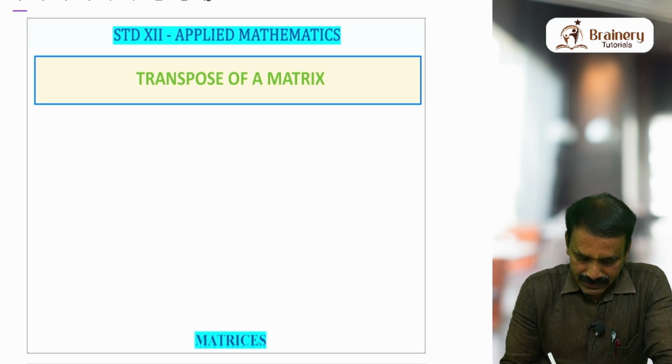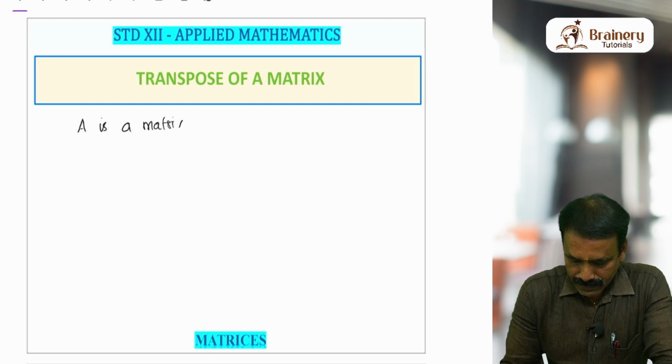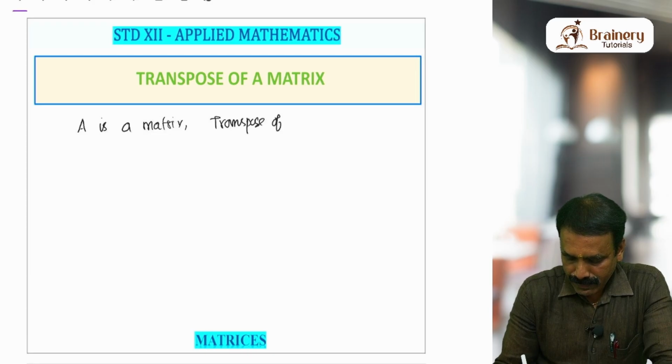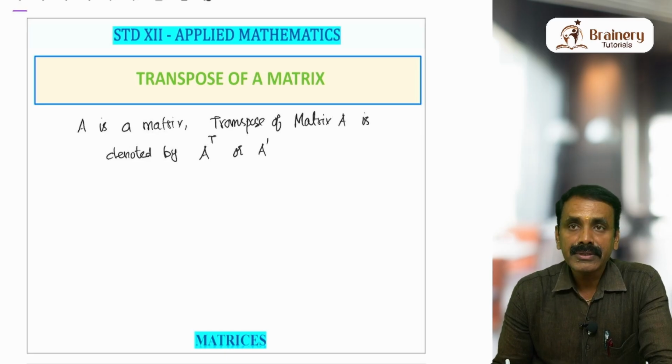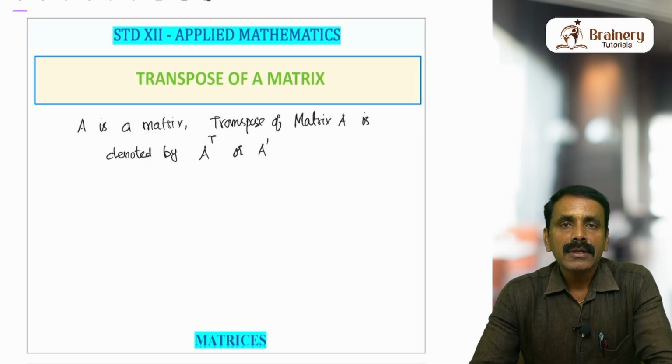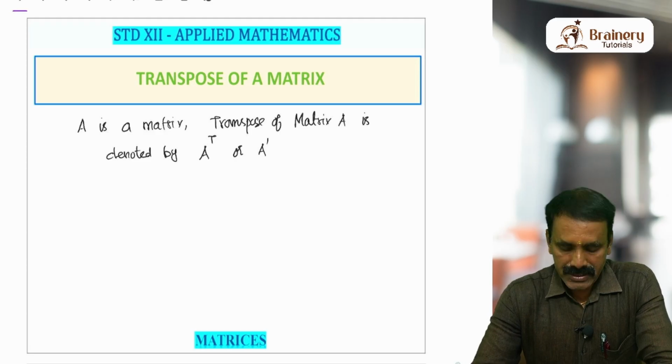If A is a matrix, then transpose of matrix A is denoted by A transpose, or simply it will be written as A dash. So A transpose is denoted by A with the T superfix, or it can be denoted by A dash.